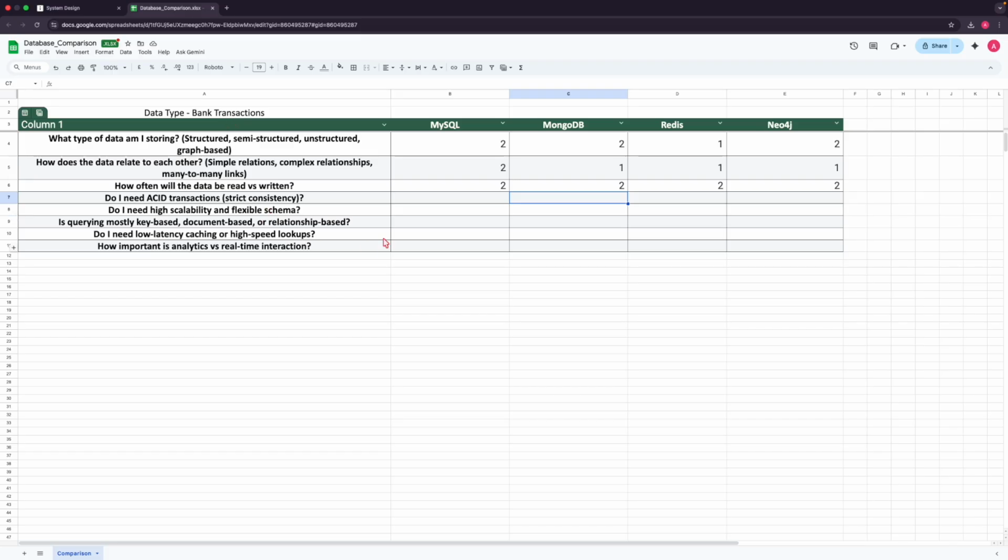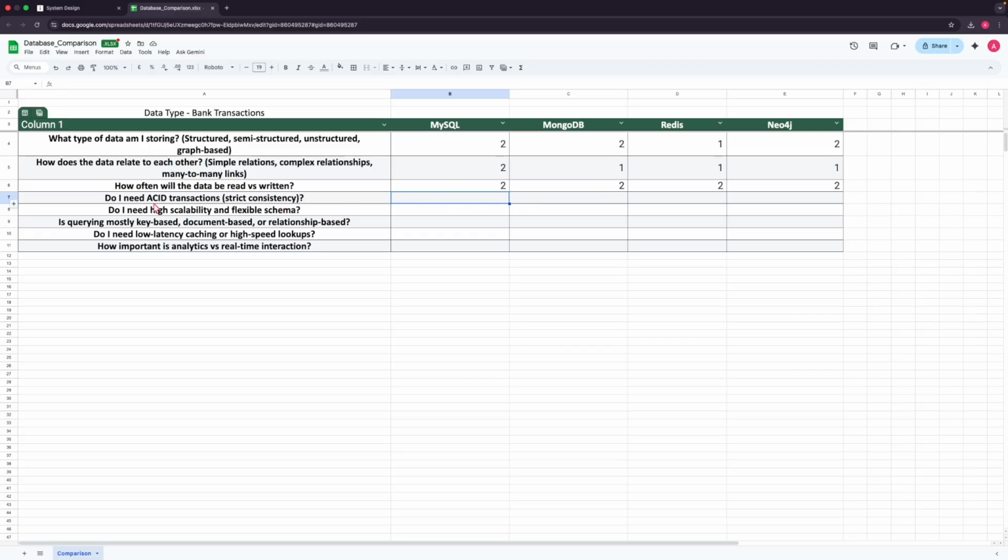For that reason, we have given SQL a 2. So for this condition, all the databases will score the same. Now I may have a slightly different opinion, or you may have a different opinion or disagree with my analysis, and that's totally fine. You can have different scores according to your analysis, but I'm just adding them according to mine.